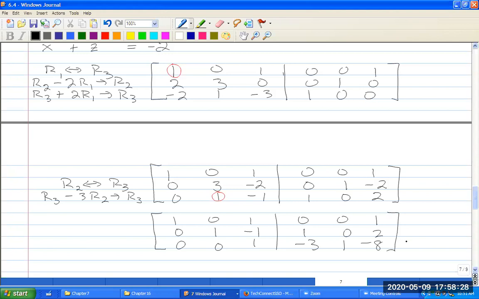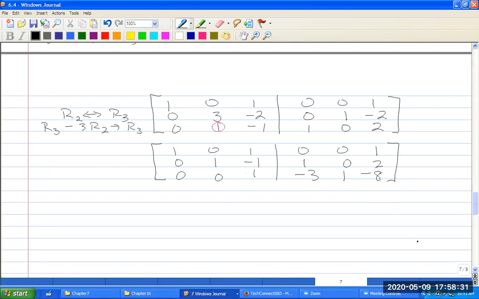And so I want to make each of these 0 above here. So I'll take R1, subtract R3 to give me a new R1. I'll take R2, add R3 to give me a new R2.